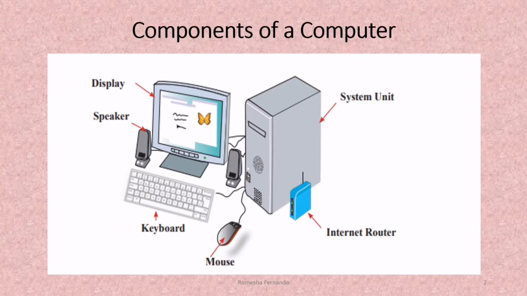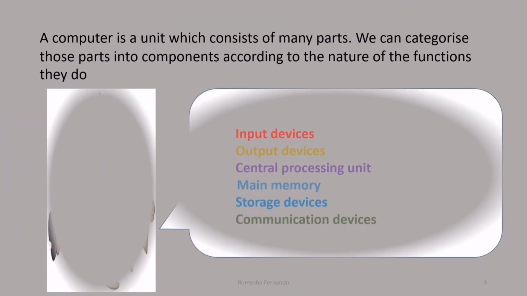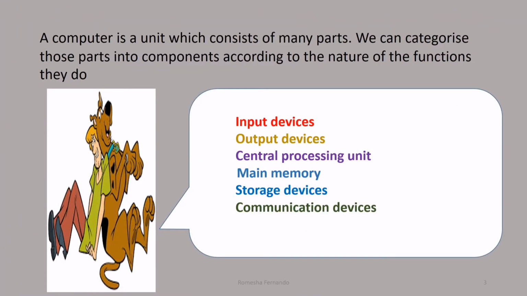All the hardware which are connected to a computer are called components of a computer. Basically, to operate a computer, we must have a system unit, a mouse, a keyboard, and a display. A computer is a unit which consists of many parts.